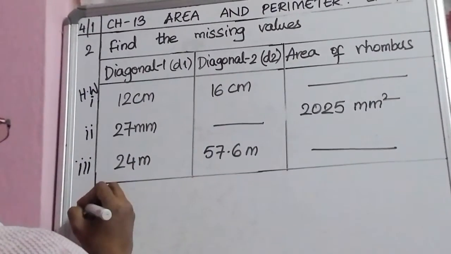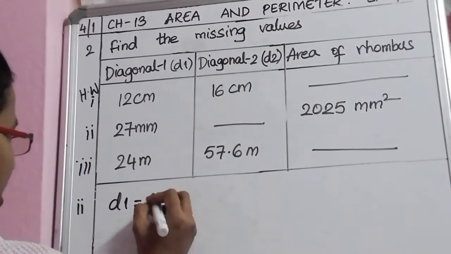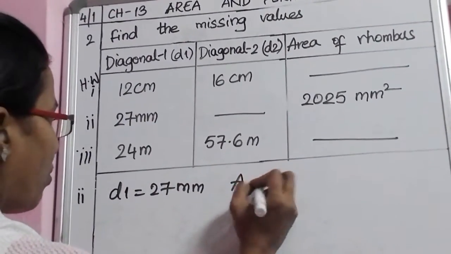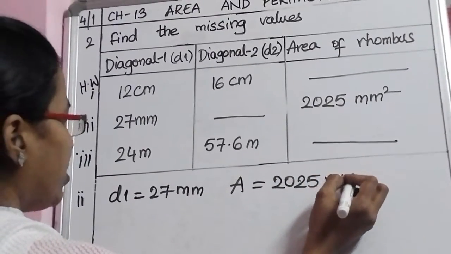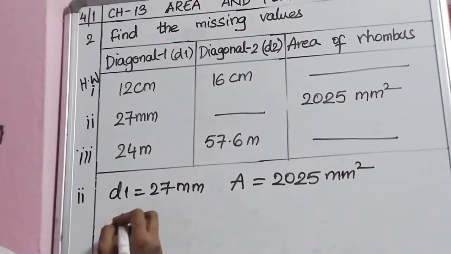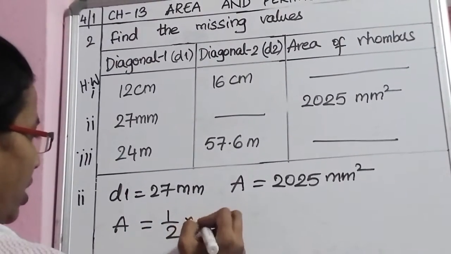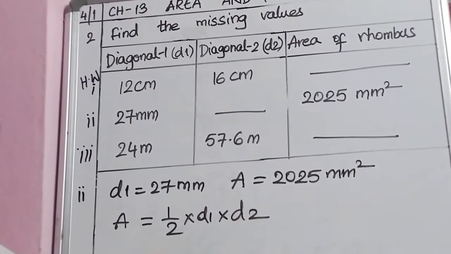Now let us solve bit 2. Here D1 they have given us 27 mm and area of a rhombus is given as 2025 millimeter square. So area of a rhombus A is equal to half into D1 into D2. So substitute the values.